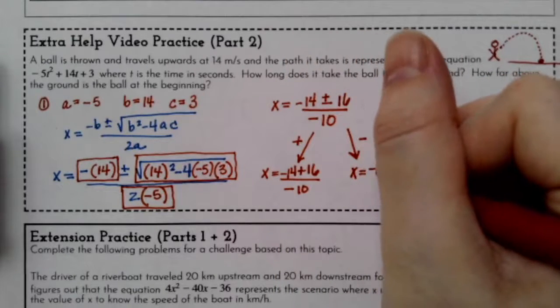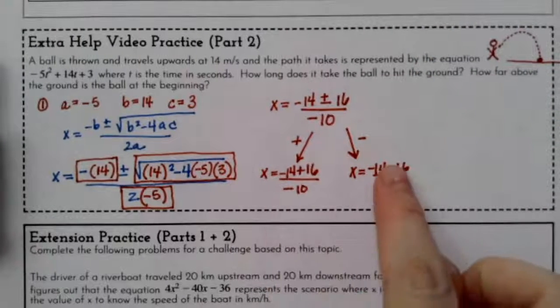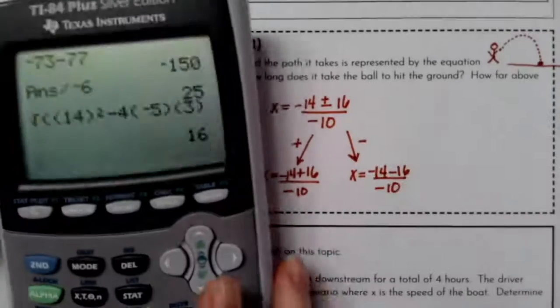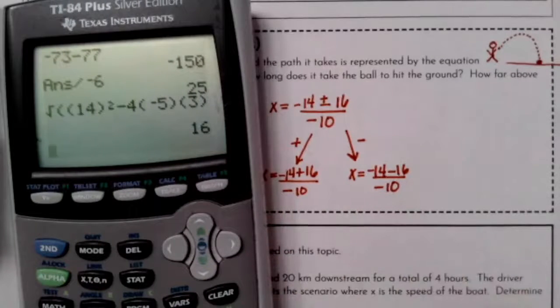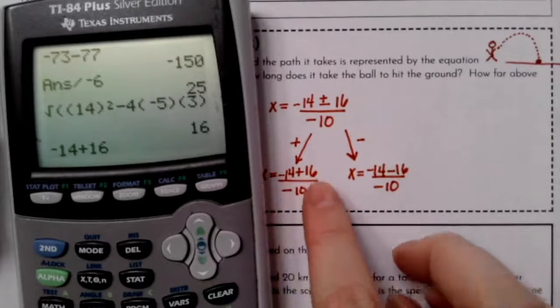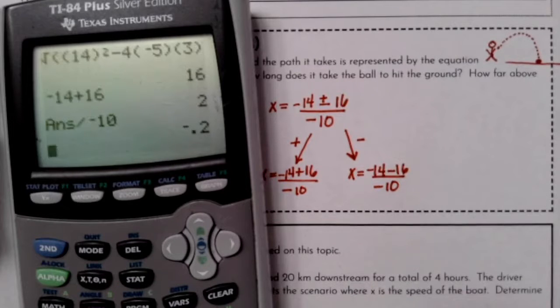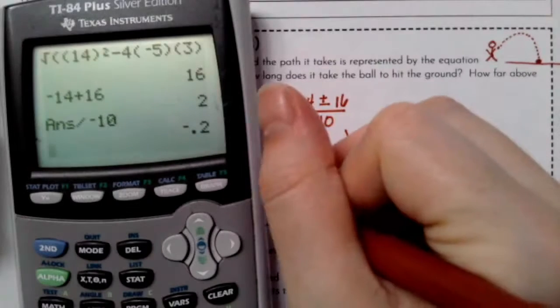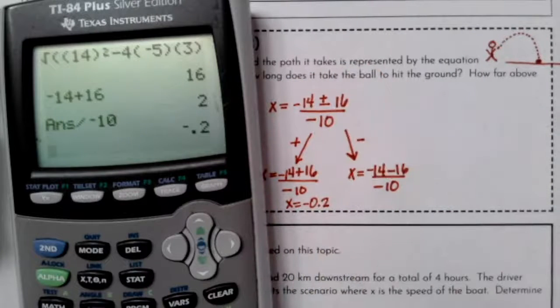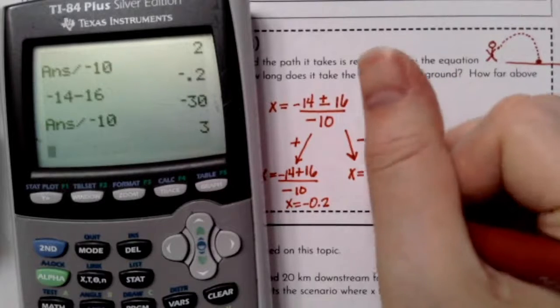And then for our minus, we get negative 14 minus 16. And we need to figure out what each of these are. So in your calculator or in the Google calculator, remember you have to hit equals after the numerator. So I just type in negative 14 plus 16, hit equals first, then divide. So I get negative 0.2. And then over here, I get positive 3.